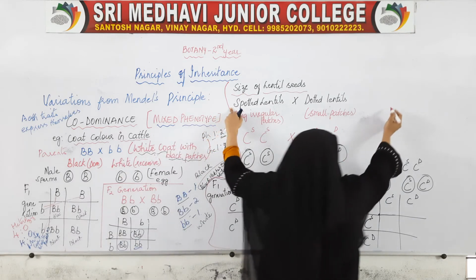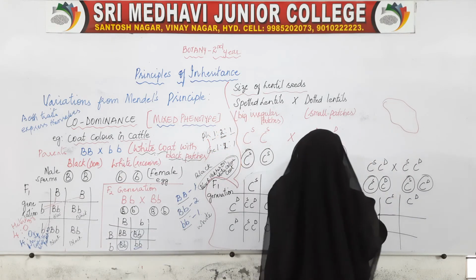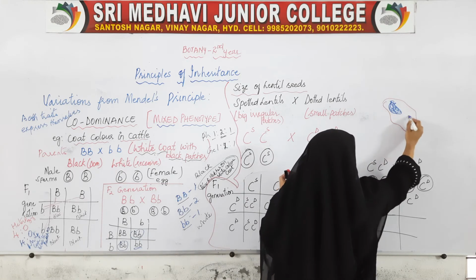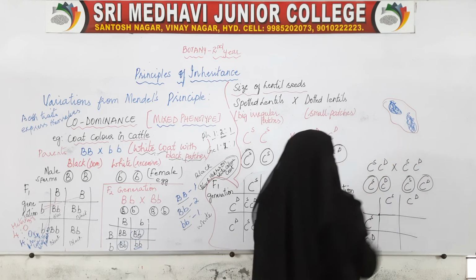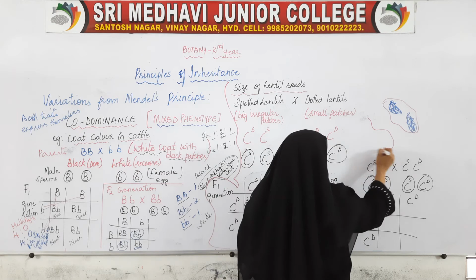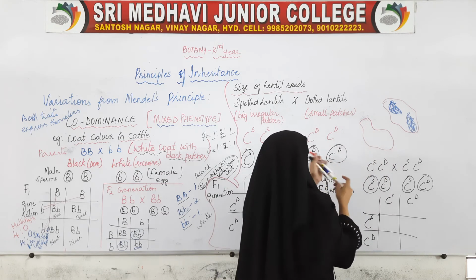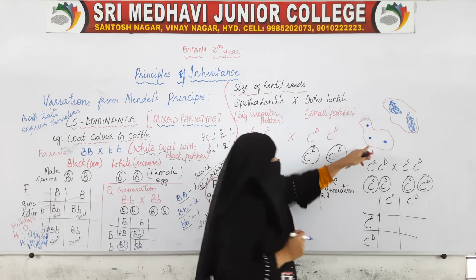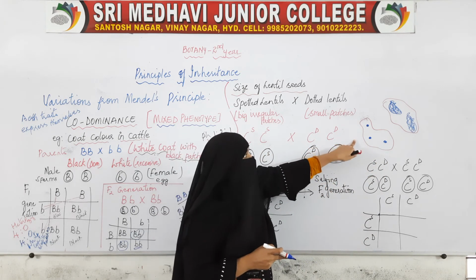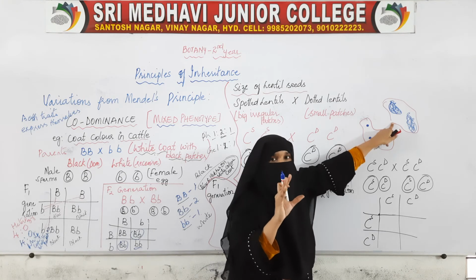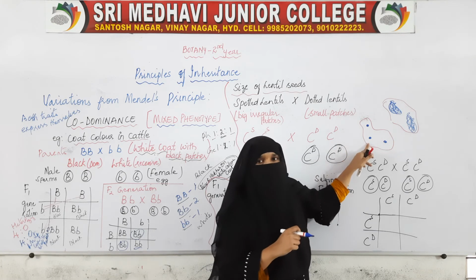On this lentil, for example, big, irregular spots and patches were there. And on this other lentil, small dots, dotted patches were there. So a plant with spotted lentils, that is big patches, and a plant with small patches.